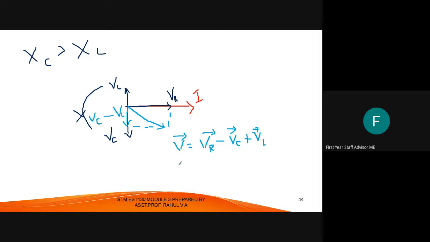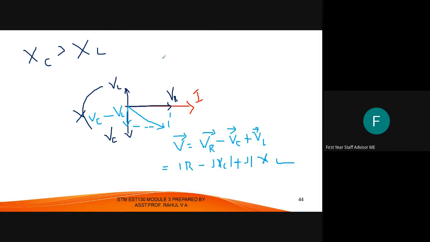Similar to that, I can take I outside. I can write VR is equal to I into R, minus j I XC, so here I am writing j XC I, plus j I XL. Okay, sorry.